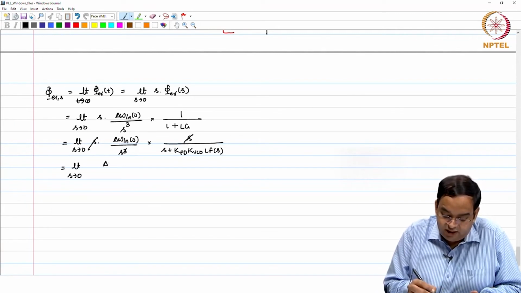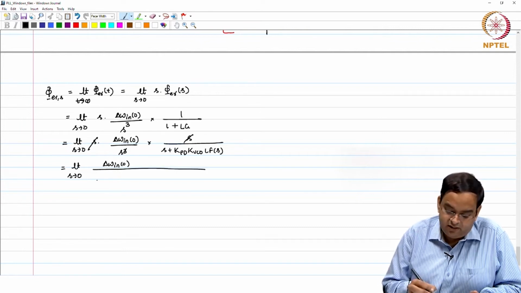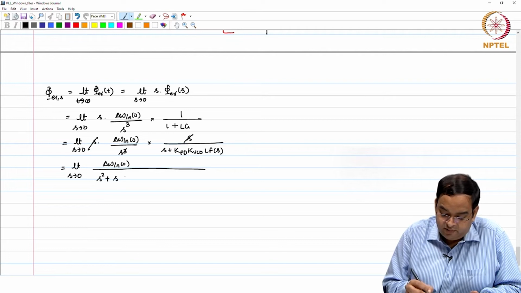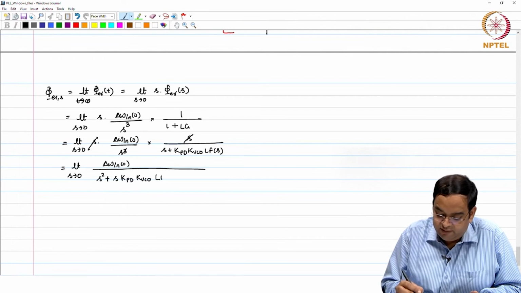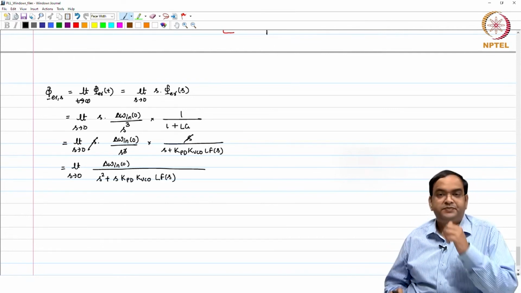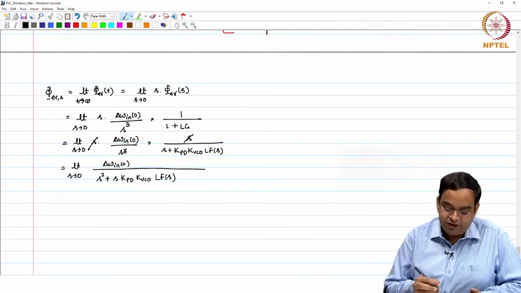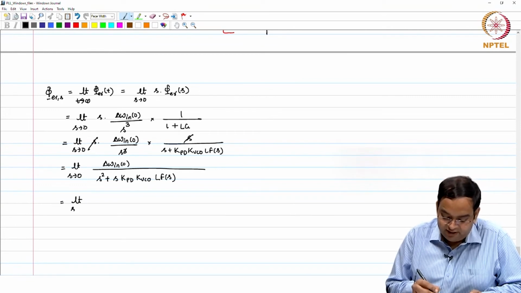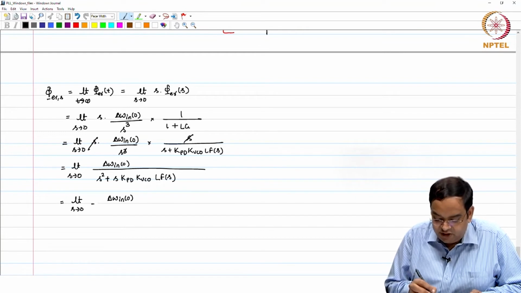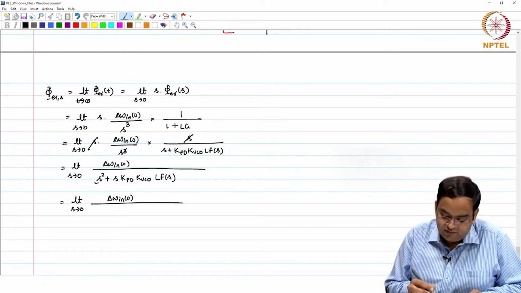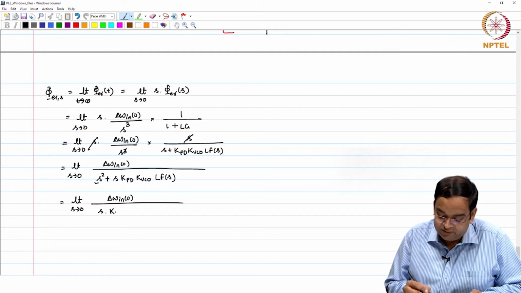What I get here is delta omega in 0 divided by s square plus s times kpd k VCO times loop filter of s. So, I have to substitute s equal to 0. I will just rewrite it with the remaining important terms, delta omega in 0. This term will anyways be 0. This I will not substitute because the evaluation depends on the loop filter.